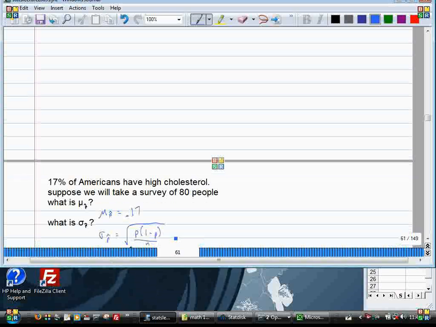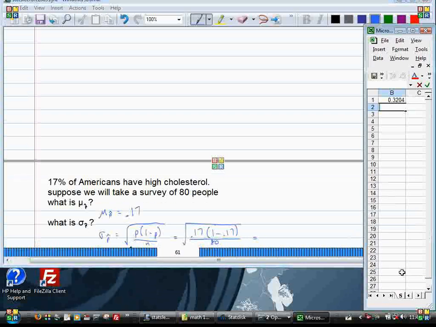So in this case, what is p? 0.17 times 1 minus 0.17 divided by what? 80. Divided by 80. That's it. So you crank this out using your calculator. I'll show you how to do this just using the spreadsheet. I like to use the spreadsheet as my calculator because I already have it right there.